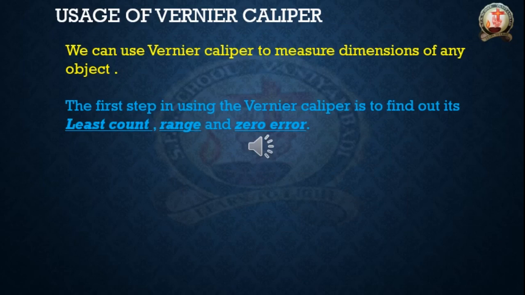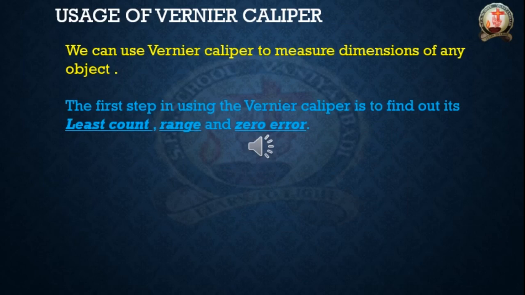Okay, and range is nothing but the capacity of that vernier calipers. I hope you know range, that means capacity, means power. Okay, and zero error is important: how much manufacturing defect that vernier calipers has.